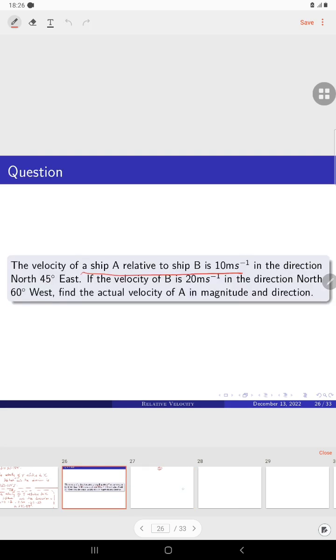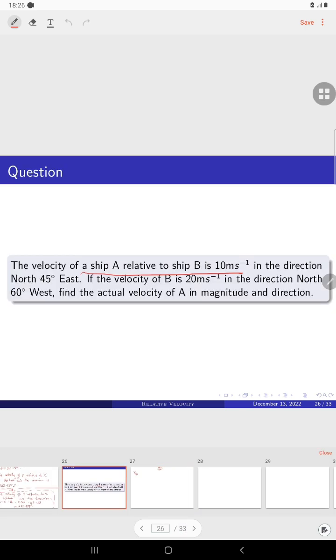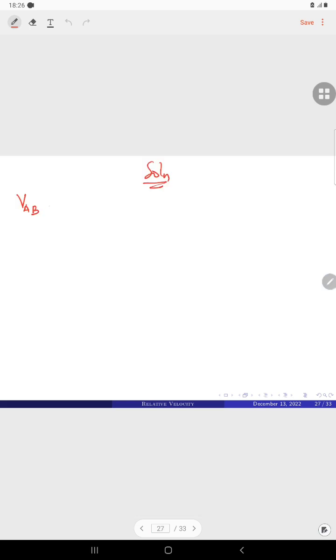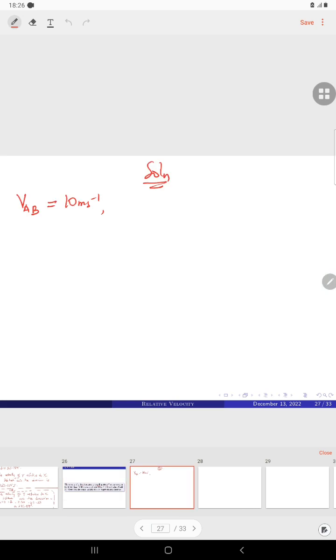Velocity of A relative to B has been given. The magnitude is what? 10. And what is the direction? North 45 degrees east.